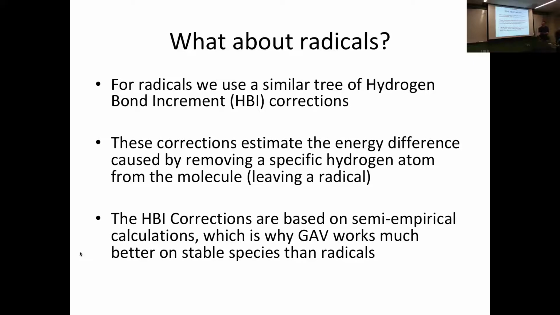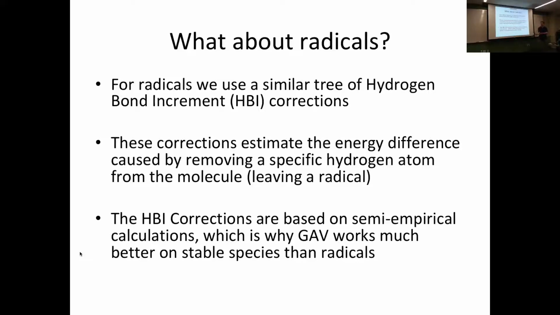What RMG can do is, it doesn't have to just do this off group additivity, it can also do this off a library value. If you have some CBS-QB3 calculation for the stable species, it can do this to estimate the value for the radical species.